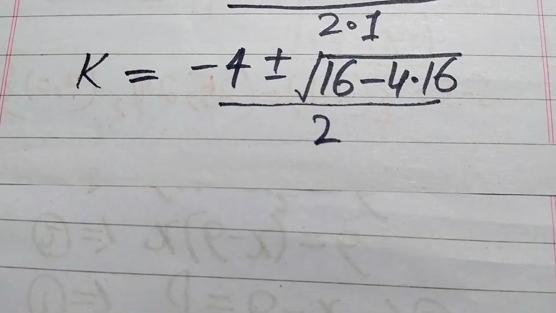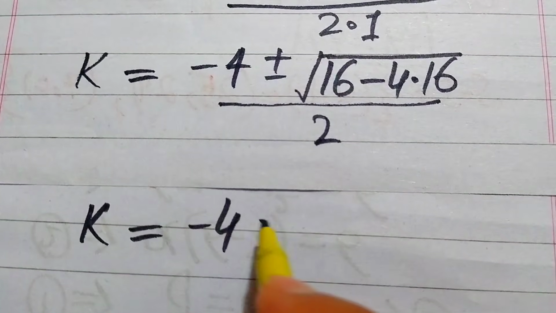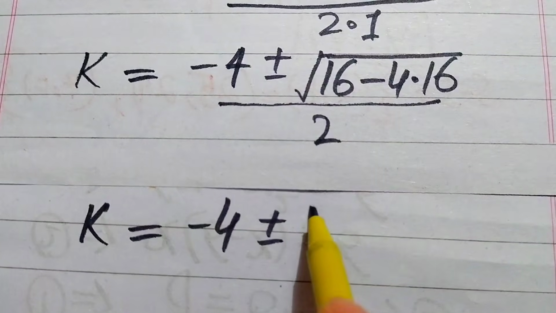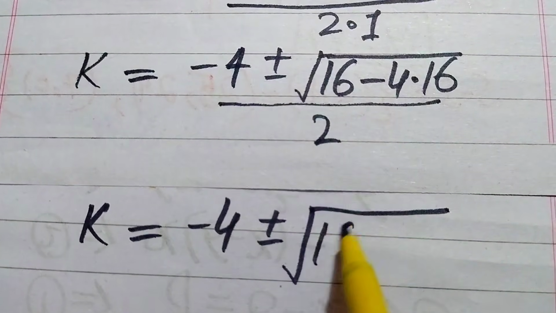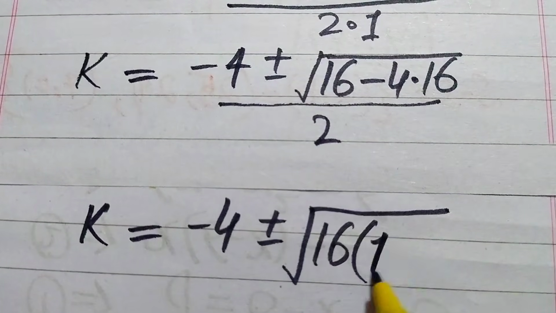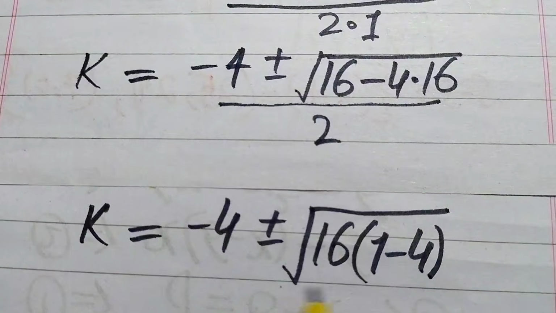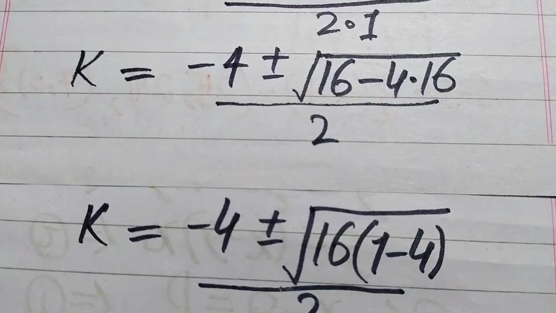Now k equals minus 4 plus minus, and here we need to simplify the square root. Inside the square root we have 16 as the common term, and when we take 16 common the remaining values are 1 minus 4, divided by 2.